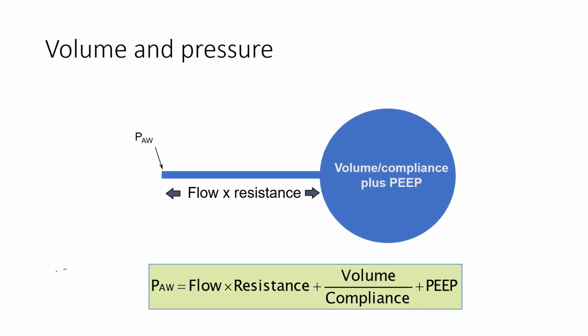The goal is to reach the alveoli and distend them, but you have to go through the tubes. Any tube physically applies resistance, and the pressure generated is the relationship between the flow, which is the amount of air you pump in a time unit, in a second, multiplied by the resistance. The resistance of any tube is directly proportionate to its length.